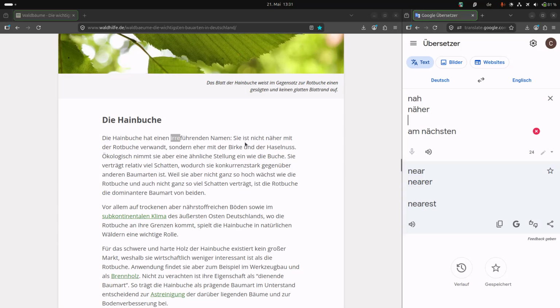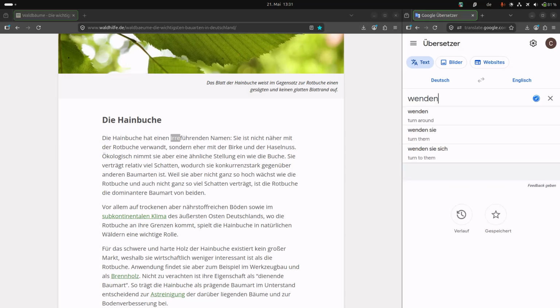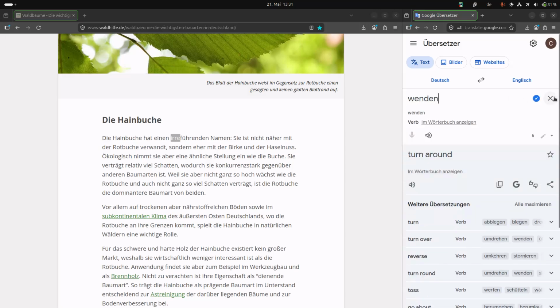Sie ist nicht näher, she is not closer, or it is not closer, mit der Rotbuche verwandt, with the European beech, verwandt, which means, I don't necessarily know, wenden probably somewhere, but that does not make a lot of sense, which means to turn around.